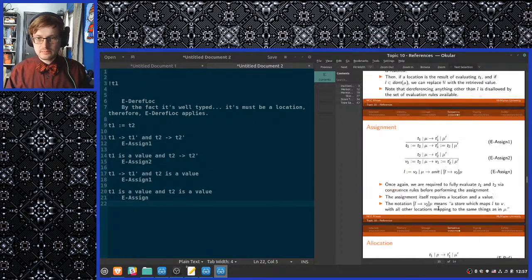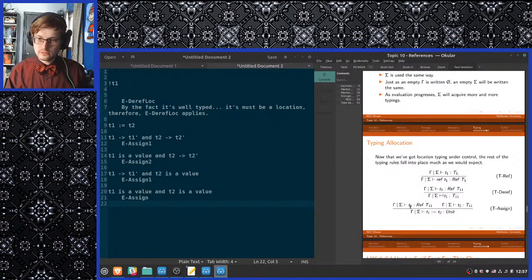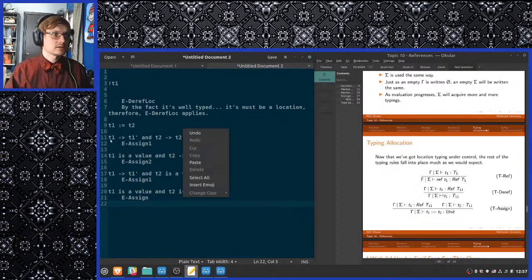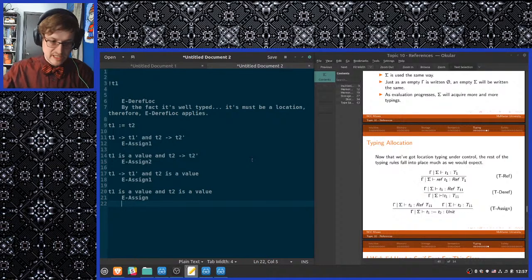If you take a look at the typing rule, T1 must be of type reference T11 via the inversion lemma, or canonical forms lemma. Yes, via the canonical forms lemma, if it's got type T ref T, then it must be a location term, so the rule applies.